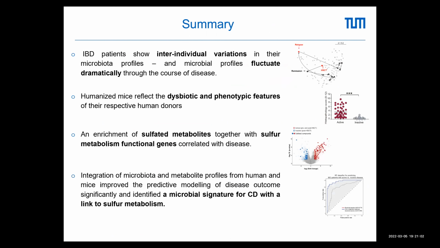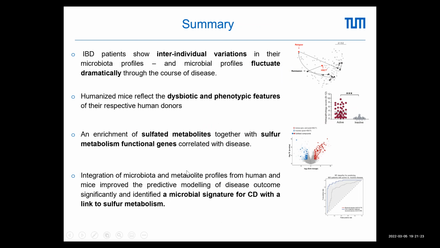So in summary, what we found was that there are individual variations in the patients, and there are dramatic fluctuations during the disease course, and that the humanized mice reflect dysbiotic and phenotypic features of the human donors.